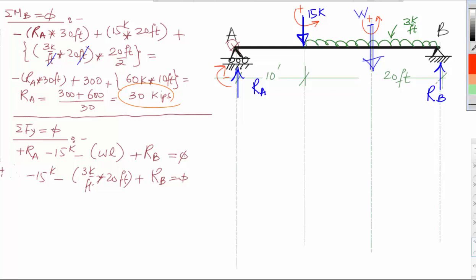So this will be 30. So RB is equal to 45 kips. So I got these two values. These are the reactions.